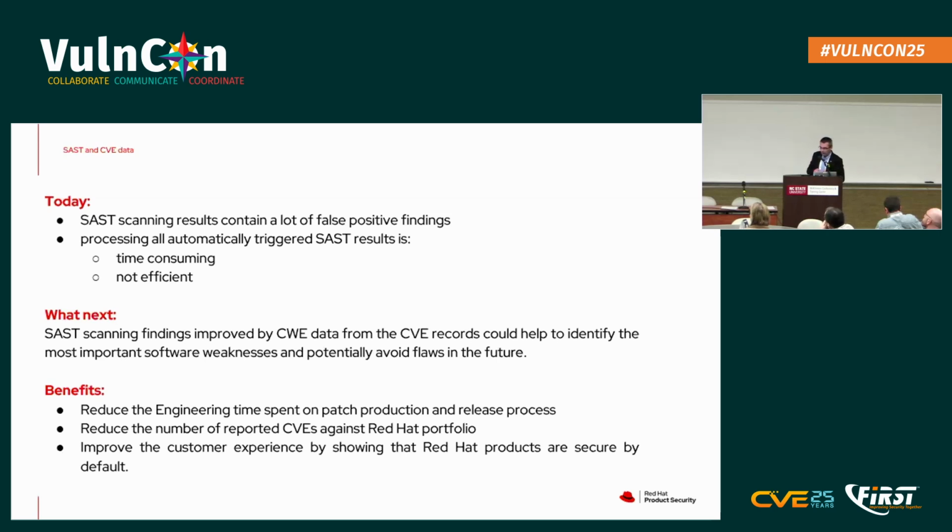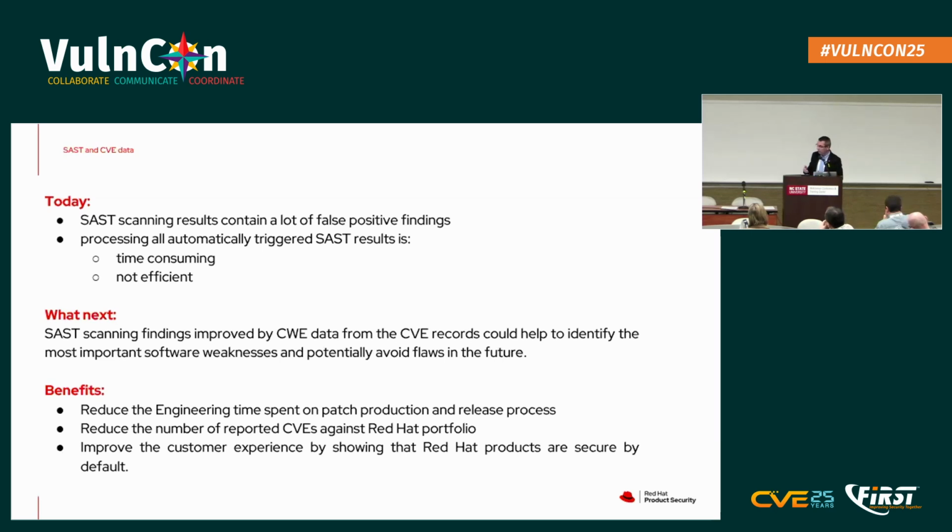At the beginning of this year, at Red Hat, we did a POC where we combined SAST scanning results together with CVE data from the CVE records. And we tried to find a pattern for exactly the same component and the same product pattern between SAST scanning and what was already reported over the last year or years in the CVE records, the CVE data.